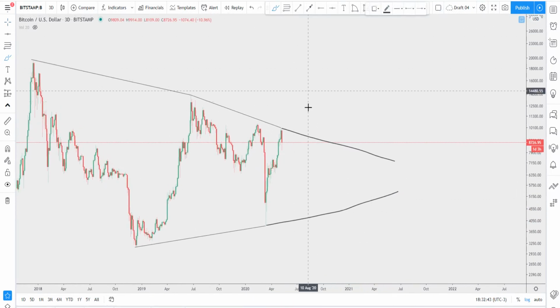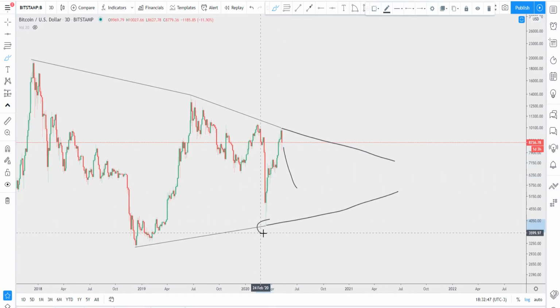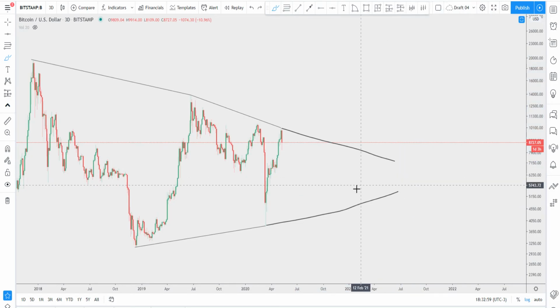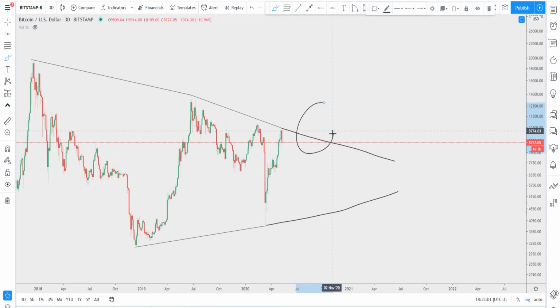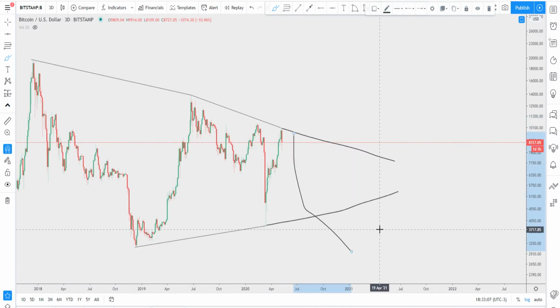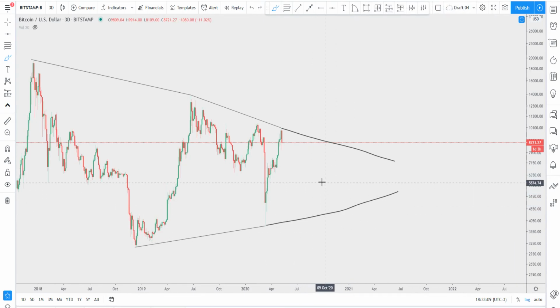Let's say we make a higher low way above, and then we go tight, and then we go tight again, and then the bull break. Because a lot of people will be frustrated, they will be angry, saying nothing is happening, the crypto market is dead, nobody cares about crypto, regulation didn't come, this is a mess.